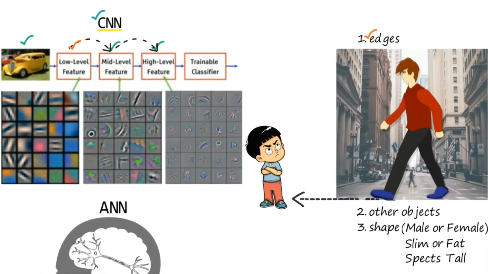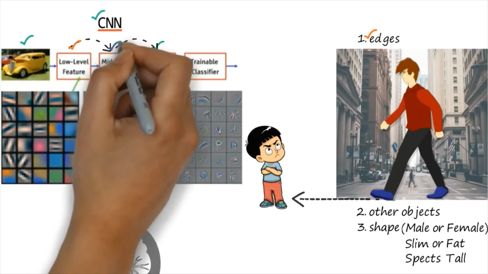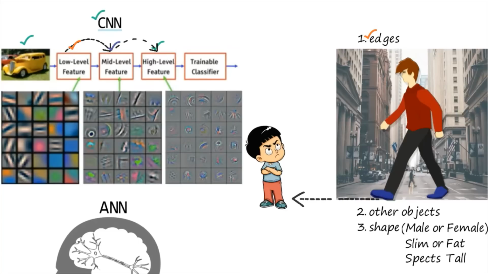Whenever a person is coming towards you, you will try to see the edges of the person. Then it will try to find the mid level features. Mid level features means you focus on other objects apart from this human being, what other objects exist. And in the third case, we focus on the high level features, whether this person is male or female, slim or fat, whether he or she is wearing specs or not. So my point is, these are the three basic mechanisms on which CNN works.